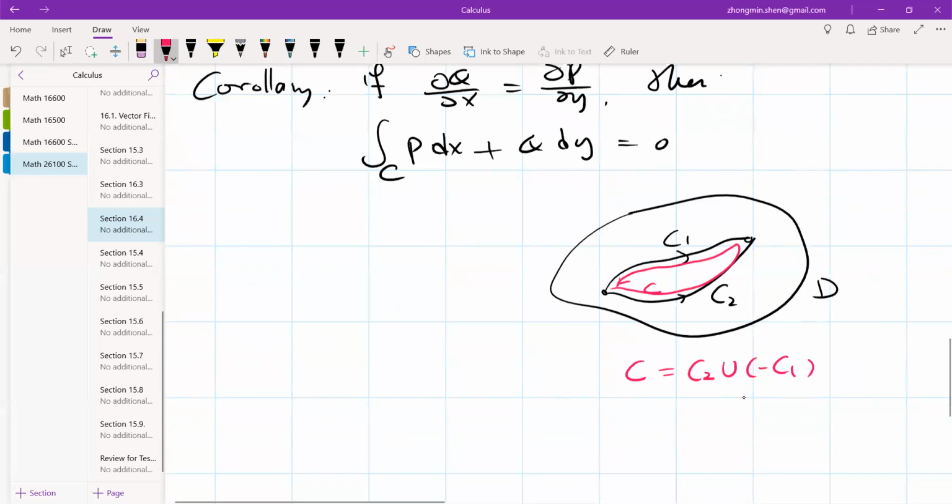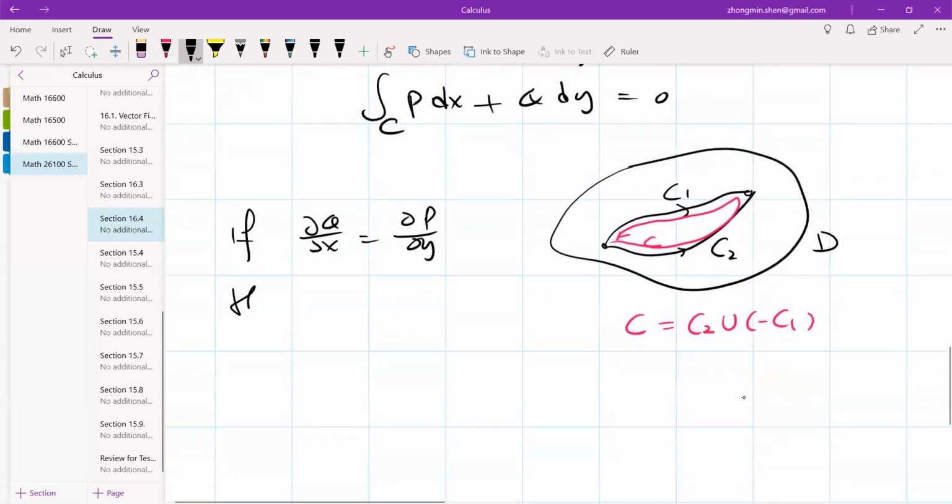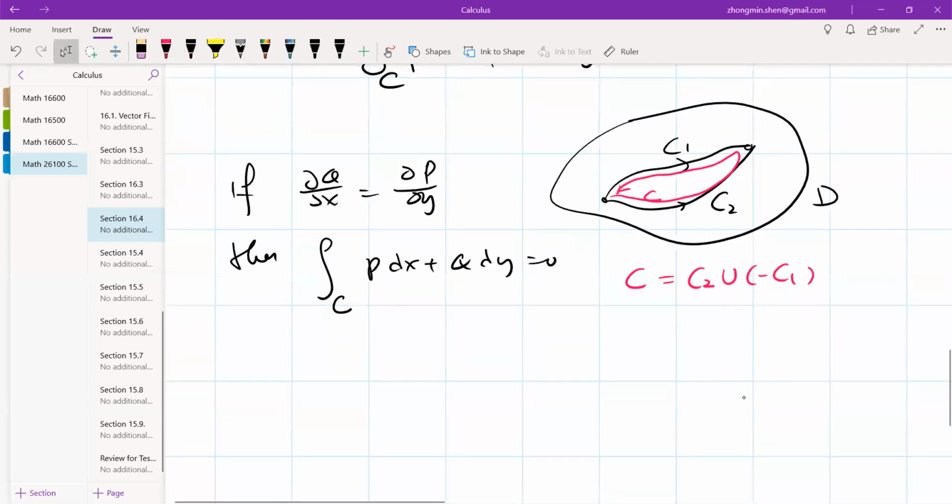So according to this, you can see that the integral over C of P dx plus Q dy equals 0. But this one consists of two parts.